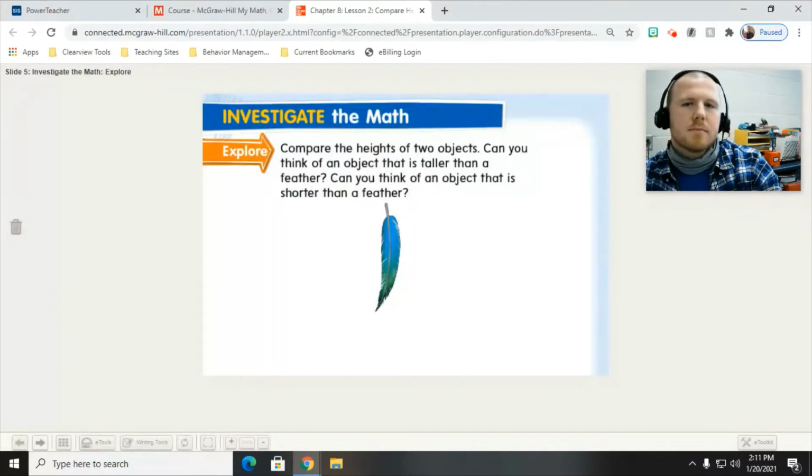Booyah! Okay. Compare the heights of two objects. Can you think of an object that is taller than a feather? Yeah, me. So, can you think of an object that's shorter than a feather? Maybe a toothpick?